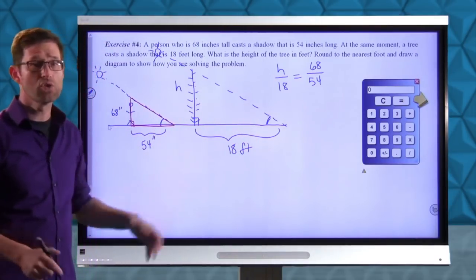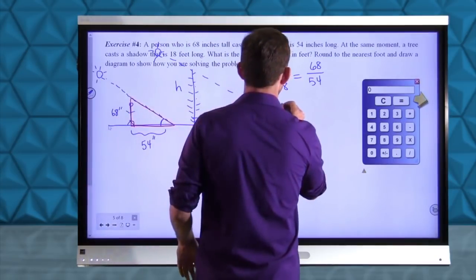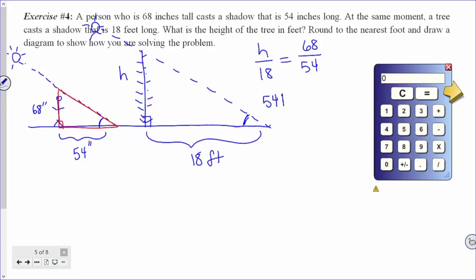And now it's just an issue of cross-multiplying and solving, right? I'll get 54 times h is equal to 18 times 68, 1,224. Then I'll divide both sides by 54.